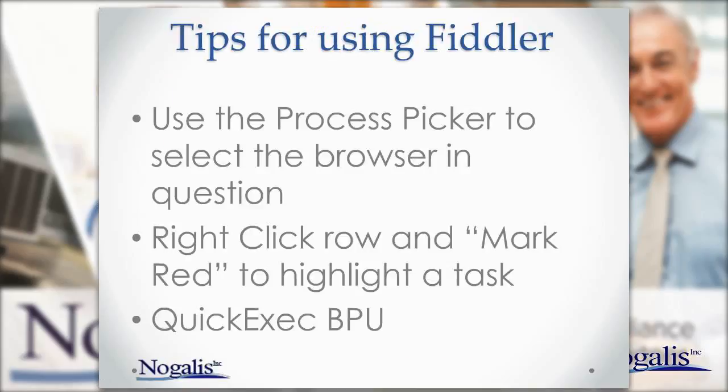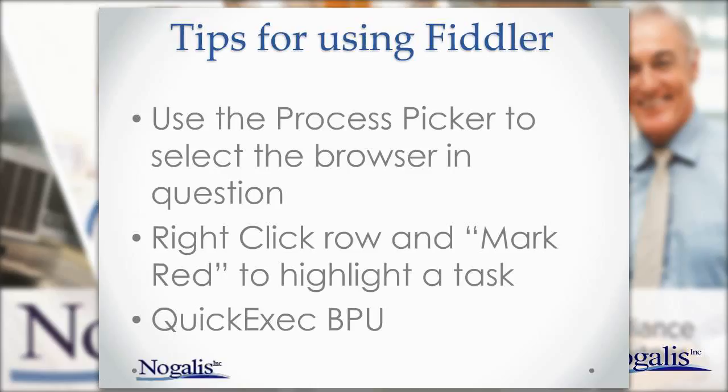There are a couple of things I use within Fiddler that I find helpful, that even if you've been using Fiddler, you may not know about. There's a process picker that looks like a little set of crosshairs that you can grab and move to the browser session that you actually want to record. Otherwise, you're seeing all of your network traffic.